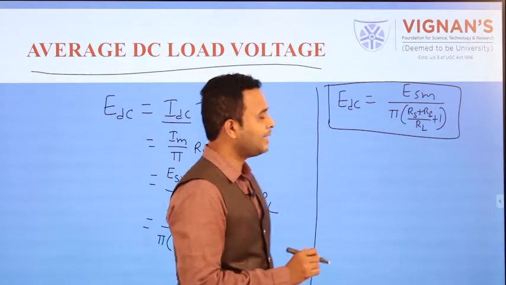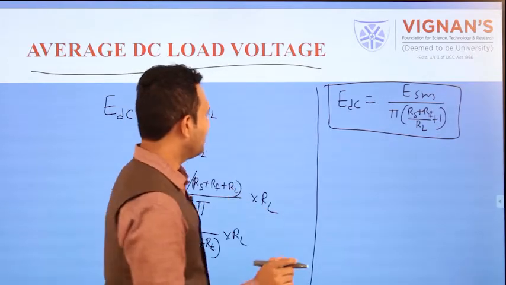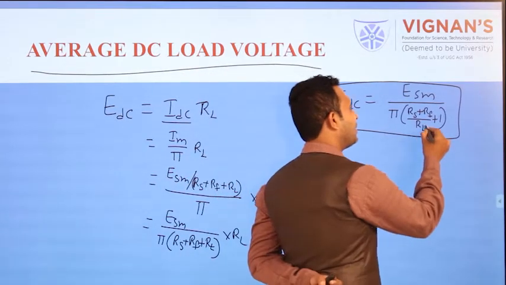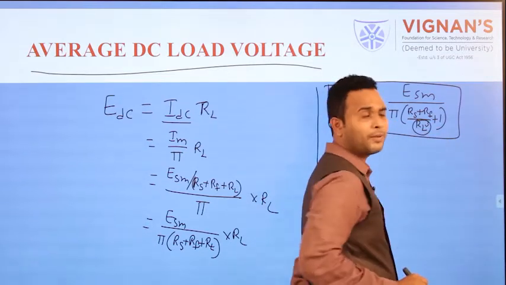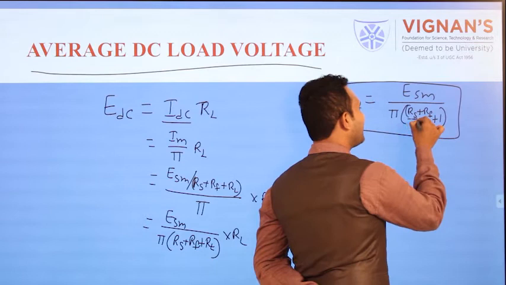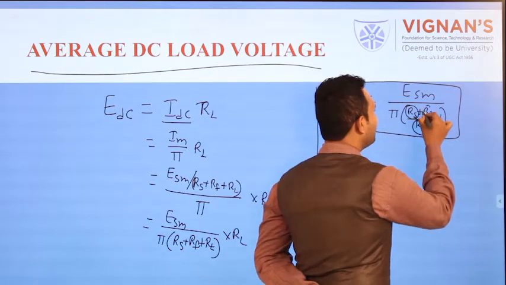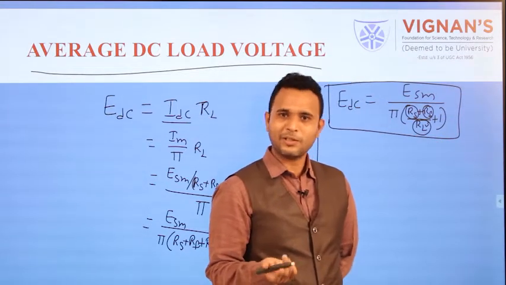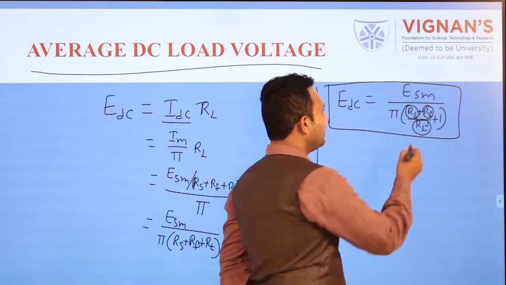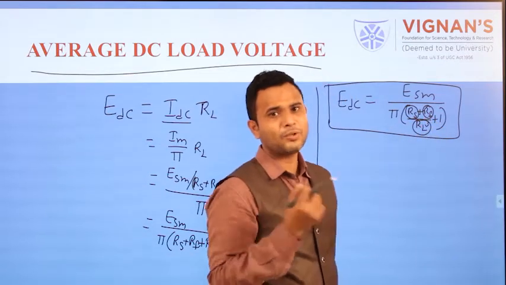Here I have to tell another important point. RL is the load resistance. RS is the winding resistance, which is a very low value. RF is the forward bias diode resistance, which is also a very low value. So both are nearly equal to 0.